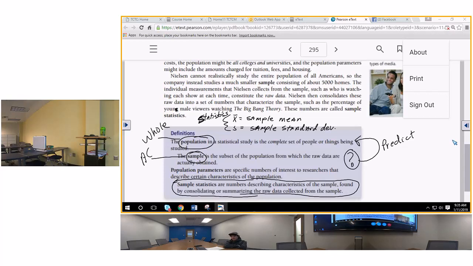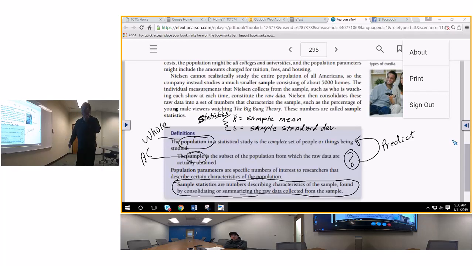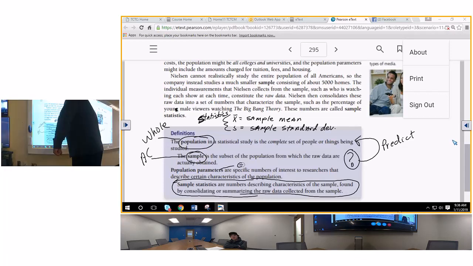If I say that X bar is something, you know he's talking about the sample. And when he said mu, that's a Greek letter, a parameter.